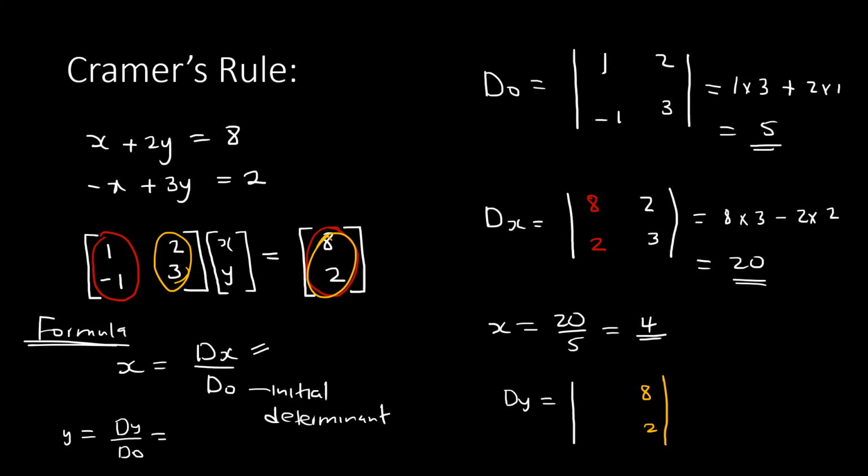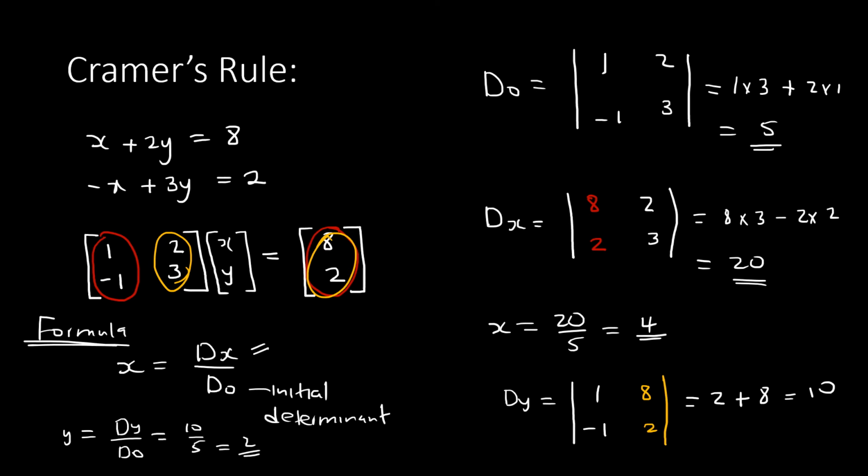But your x is still 1 and minus 1. So let's calculate. I'll have 1 times 2 is 2, minus minus 1 times 8 is minus minus 8, which will make it positive 8, which is 10. Do you see? My y will be 10 over 5, which is 2. That's how you're going to calculate this.